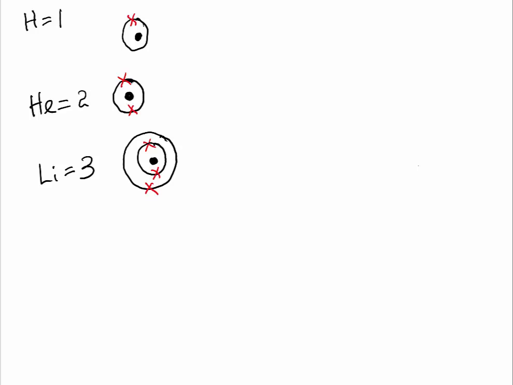The next element is beryllium. Beryllium has 4 protons, and that means 4 electrons. The first 2 electrons will move into the K shell. The remaining 2 electrons in beryllium will move into the L shell.